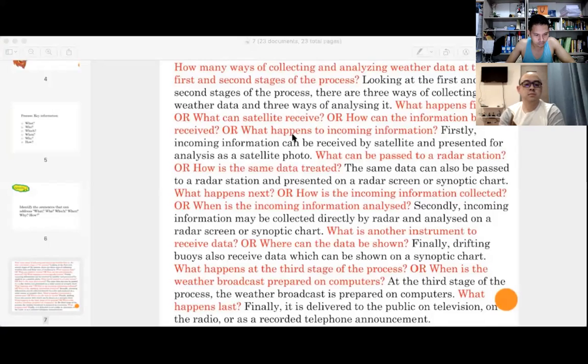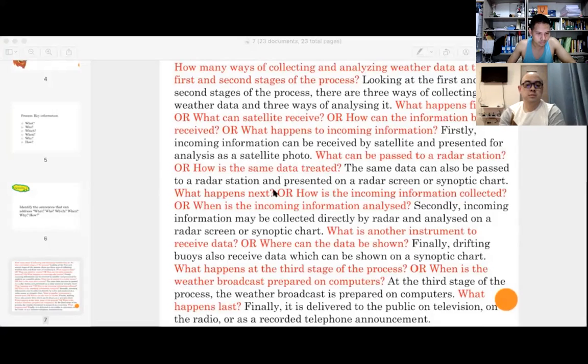Or the next one, the other way, or how is the same data treated? The same data can also be passed to a radar station and presented on the radar screen or synoptic chart.